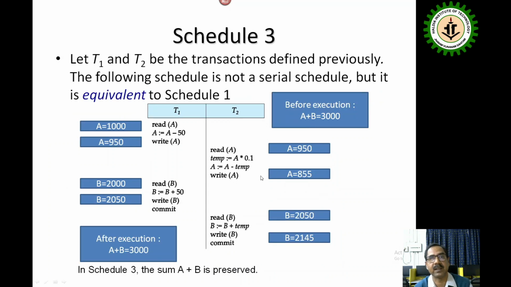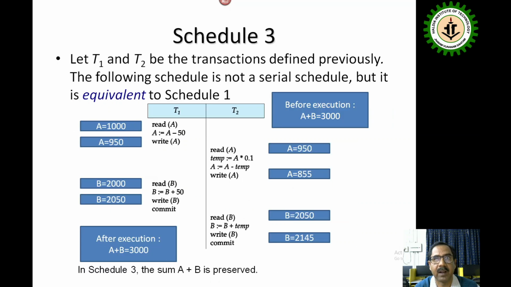Now if we consider the same schedule having two transactions T1 and T2, but here the execution of the schedule is not serial. So a schedule may be serial.